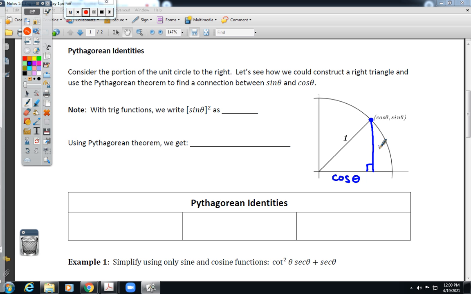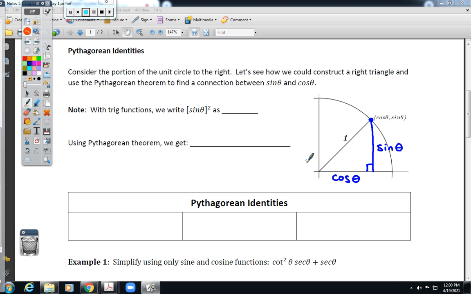And y, that vertical distance from the x-axis to the point, is the sine of the angle. We can use our Pythagorean theorem to find a connection between sine and cosine.